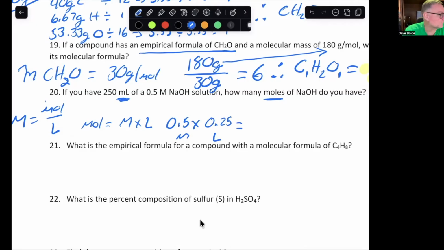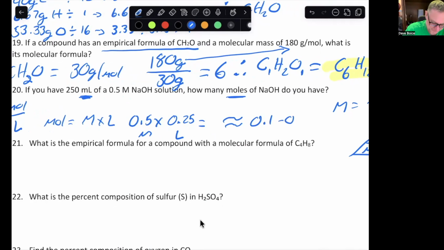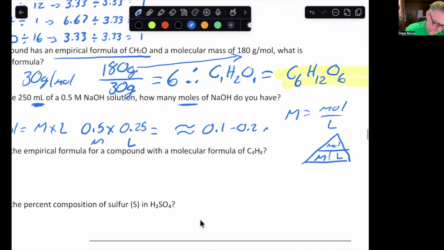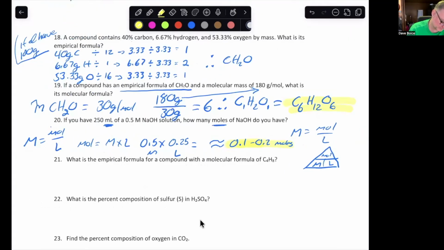For number 20, if I put that in my calculator, 0.25 times 0.5 is going to equal approximately 0.1 to 0.2 moles. Remember, your sheet to get credit must have the actual answer.